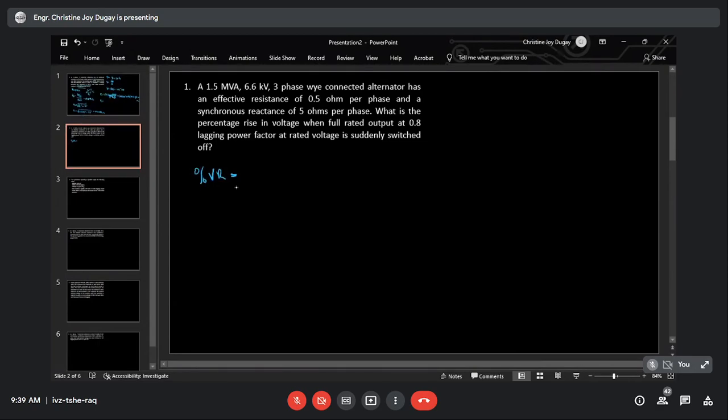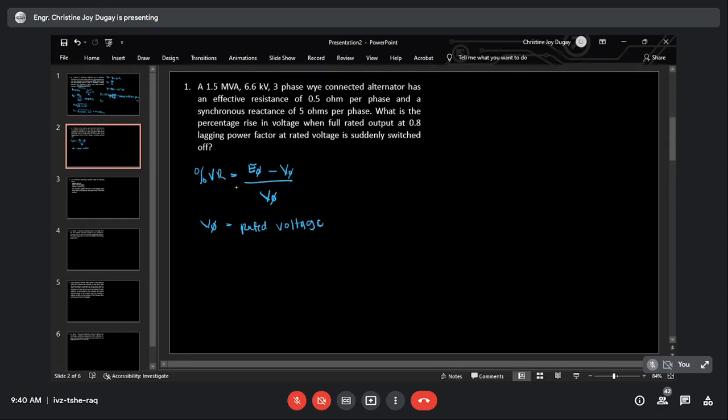Ayan, tama po si Miss Canaban. So that is E phase natin less V phase over V phase. Ano yung E phase po natin? Ano yung V phase natin? Si V phase natin came from the, saan? Came from the rated voltage, ma'am. Rated, ayan, tama. Rated voltage.